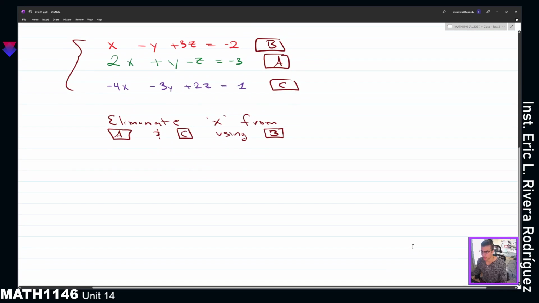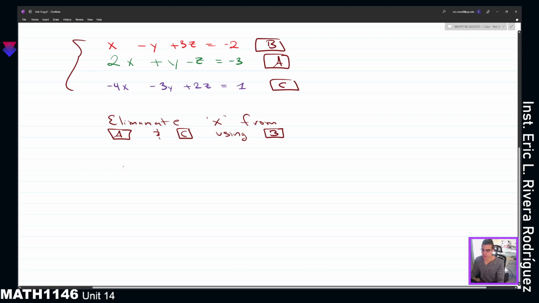Because the coefficient of the x term of equation B is 1, I'm just going to focus on what will be the opposite value of the coefficient of the x term of the equation that I want to eliminate.